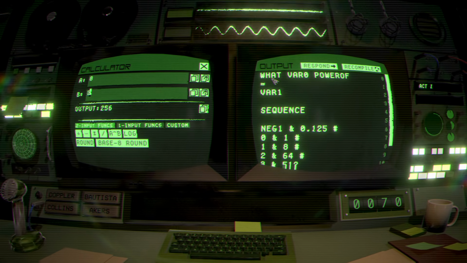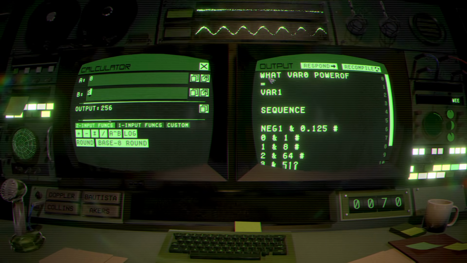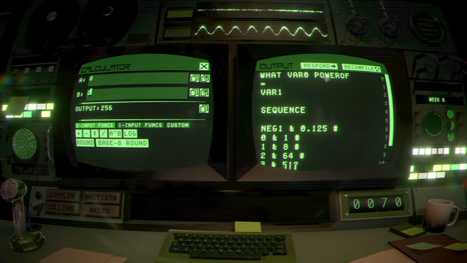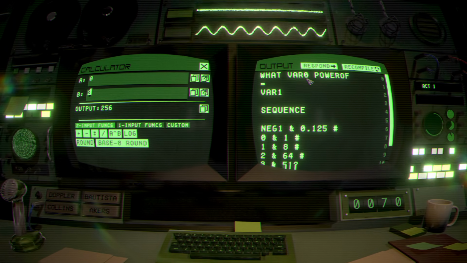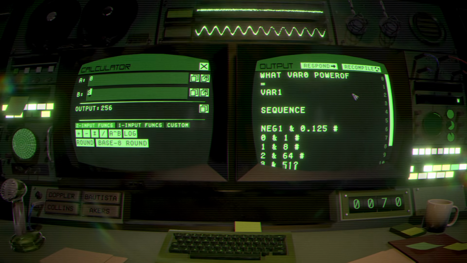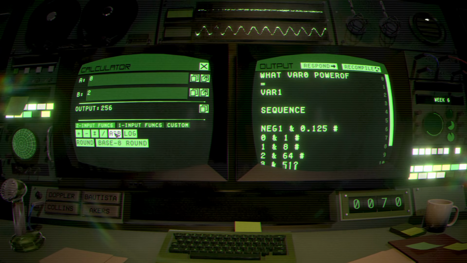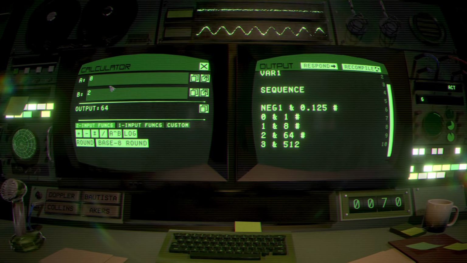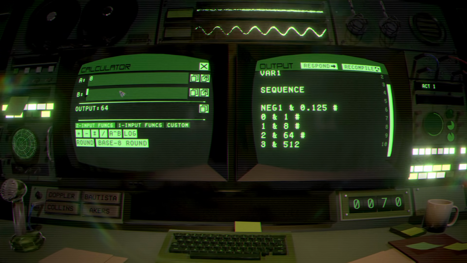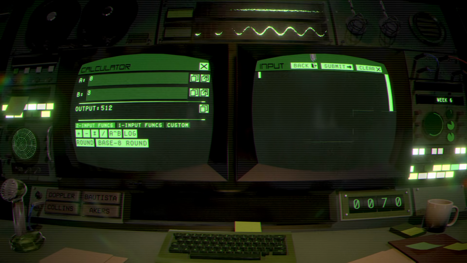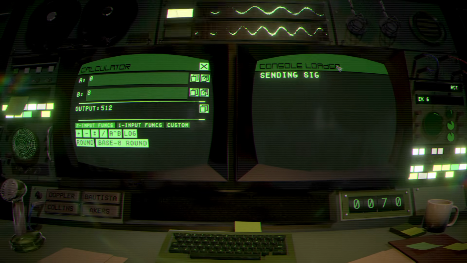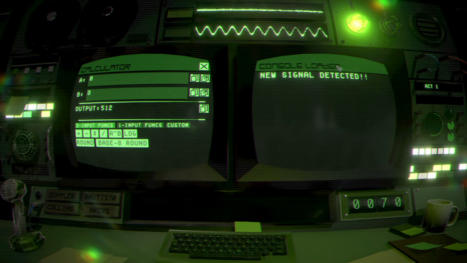Because we're looking for what? The variable 0 is the one at the top, if I'm representing that properly. That would be 64. And then again, we can test this. This becomes 3. We get 512. Yes. That's 8. Oh, perfect.